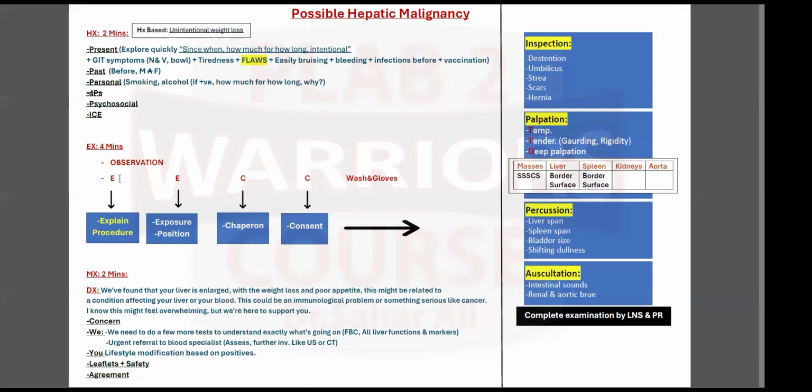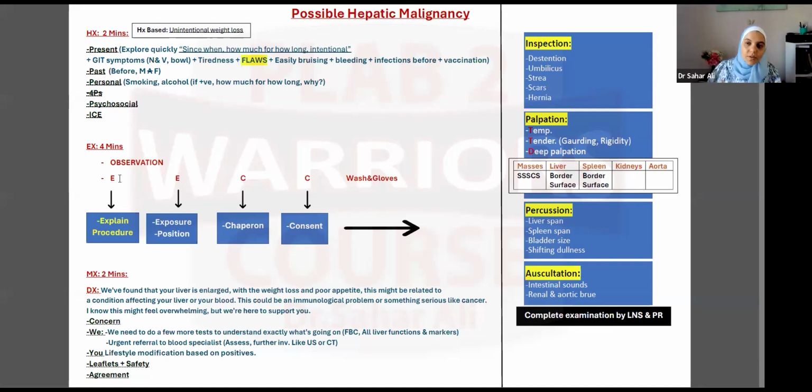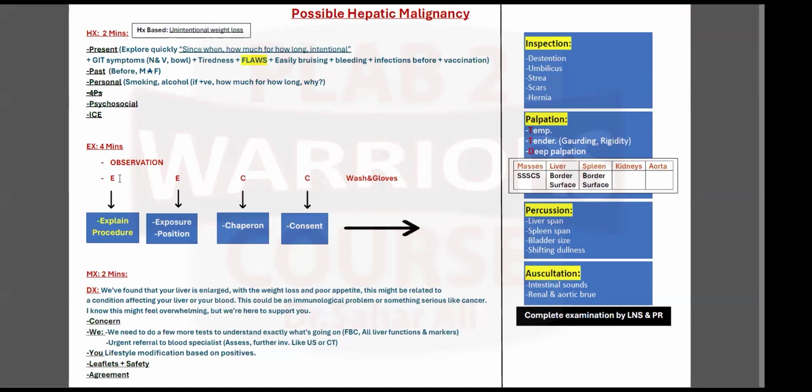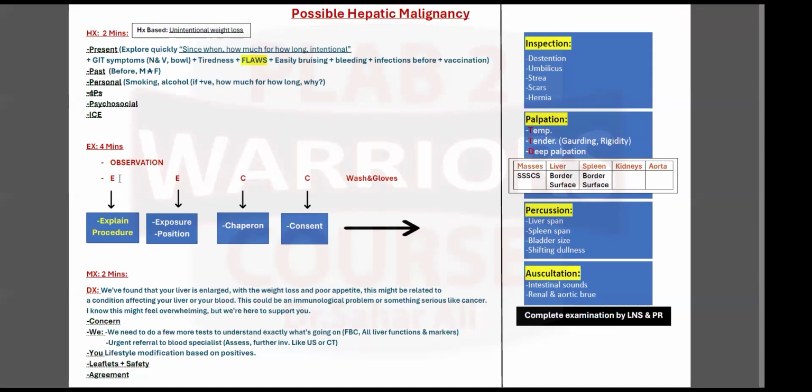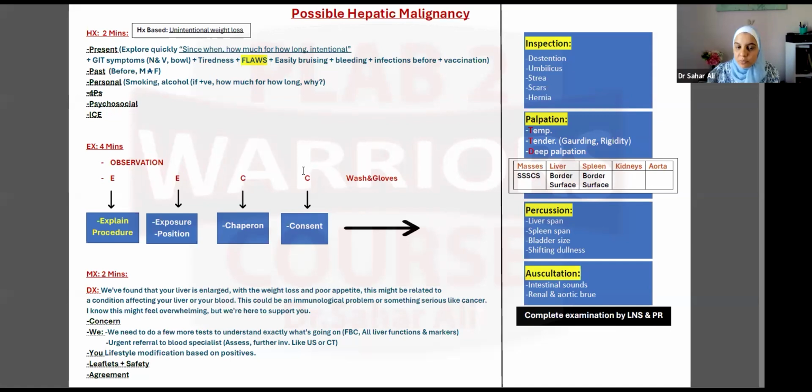I said I will expose your abdomen from above the abdomen, from the mid chest or from the nipples to the mid thigh. Okay. I will have a look and listen and tap on your abdomen. Yeah, I told you. And provide a chaperone with me and have a check. Yes, you did that.